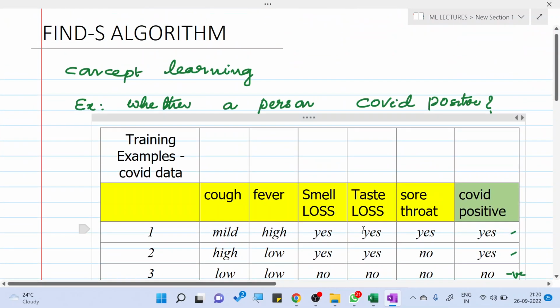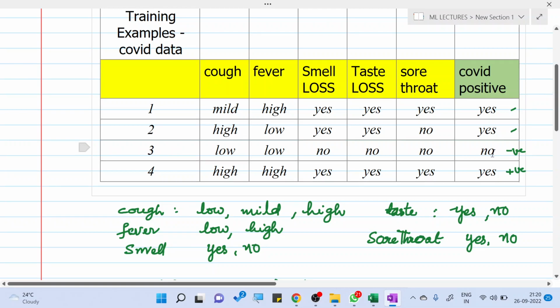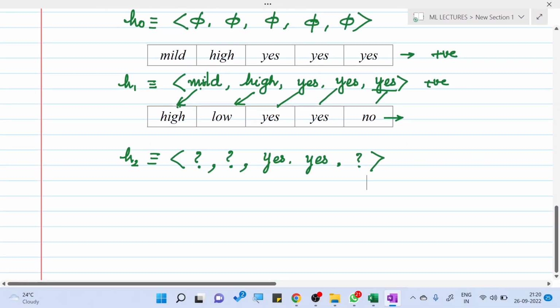Now what about the third example? It is a negative example. Remember, that is one of the limitations of the find-S algorithm. Find-S algorithm ignores negative training examples.